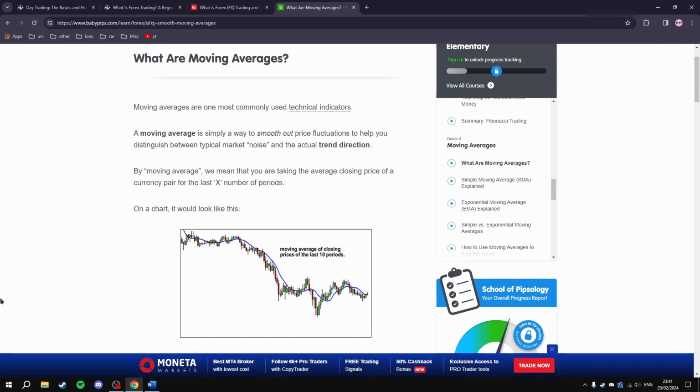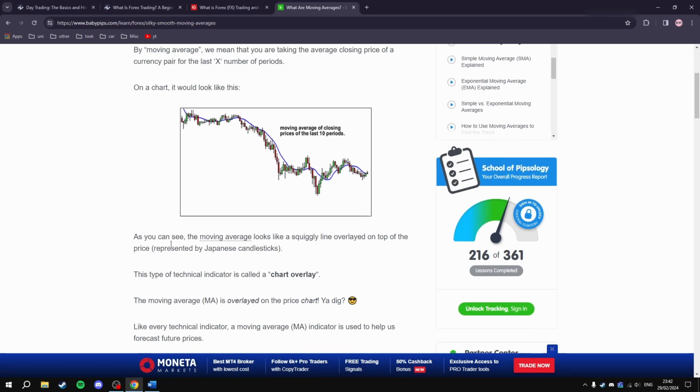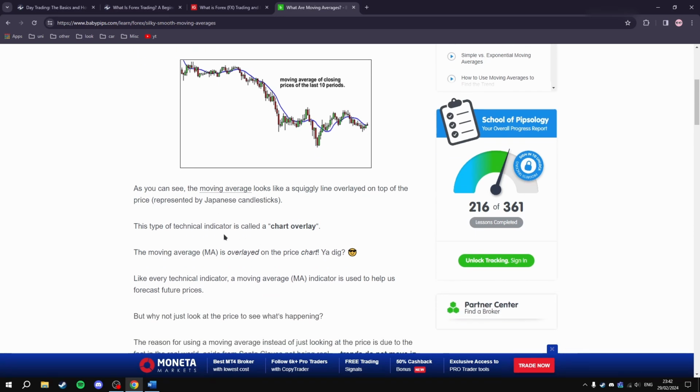On a chart it should look like this. So, moving average of closing prices of the last 10 periods. As you can see, the moving average looks like a squiggly line overlaid on top of the price, represented by Japanese candlesticks. This type of technical indicator is called a chart overlay.